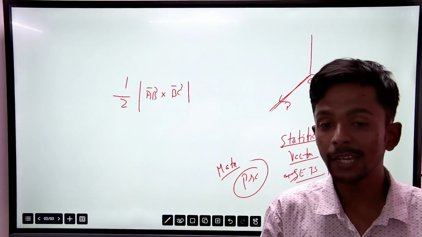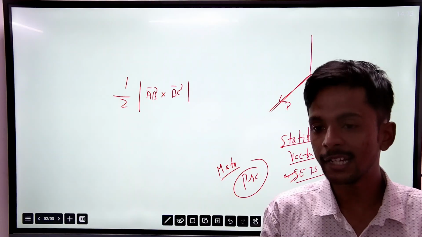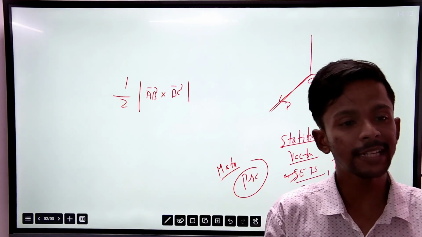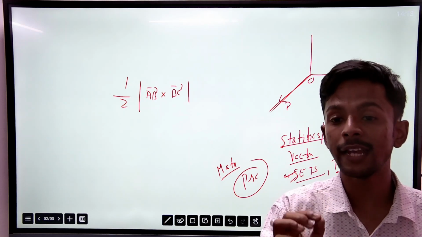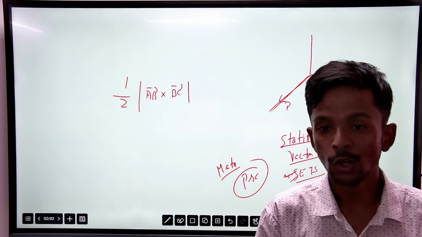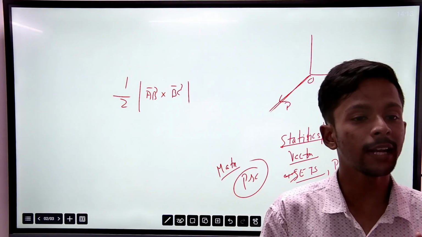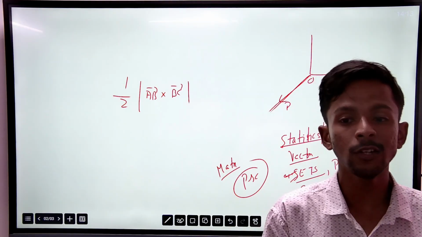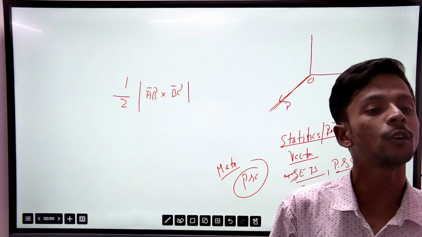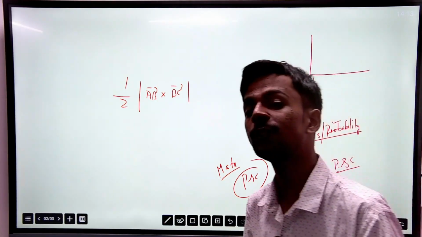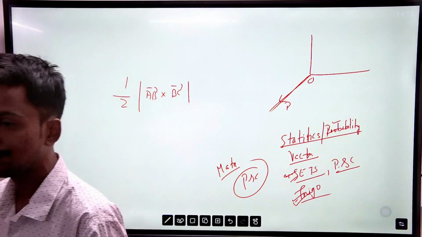And what is the angle it is making with y-axis? 90 degree. What is the angle it is making with z-axis? 90 degree. So your direction angles will be 0, 90, 90. Yes or no? If your direction angles are 0, 90, 90, then your direction cosines will be cos 0, cos 90, cos 90. That will immediately become 1, 0, 0. So the direction cosines for x-axis will be 1, 0, 0.